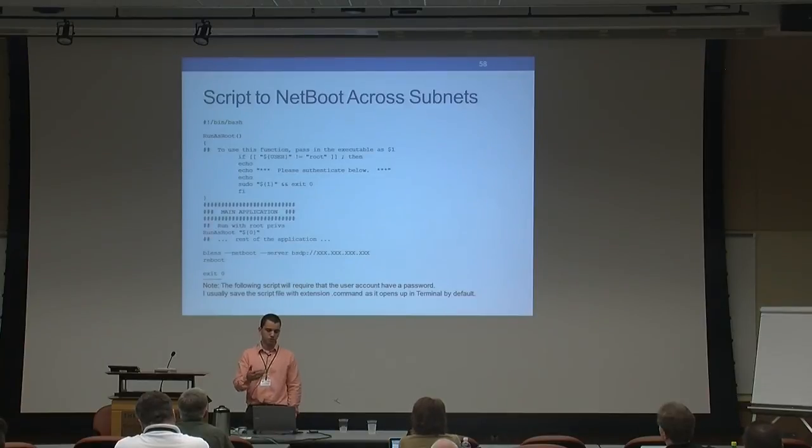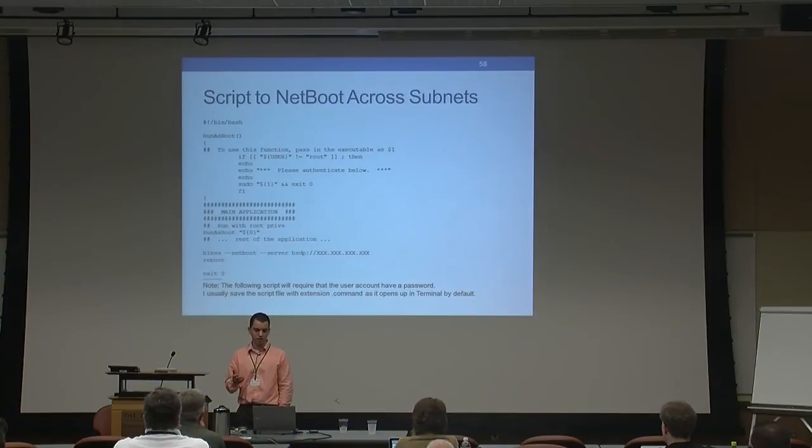After it processes those commands, it restarts the machine. So it's a pretty simple, straightforward script to use. If you want to use it, go ahead. And just note, you need to have an account with a password, otherwise it's not going to work. And when I say the script, usually I use a dot command since it opens in terminal by default.